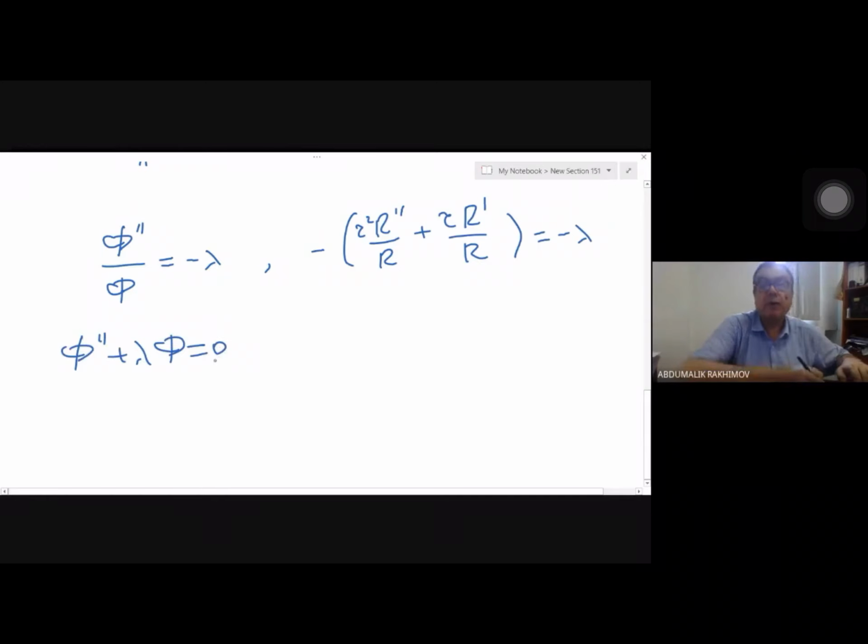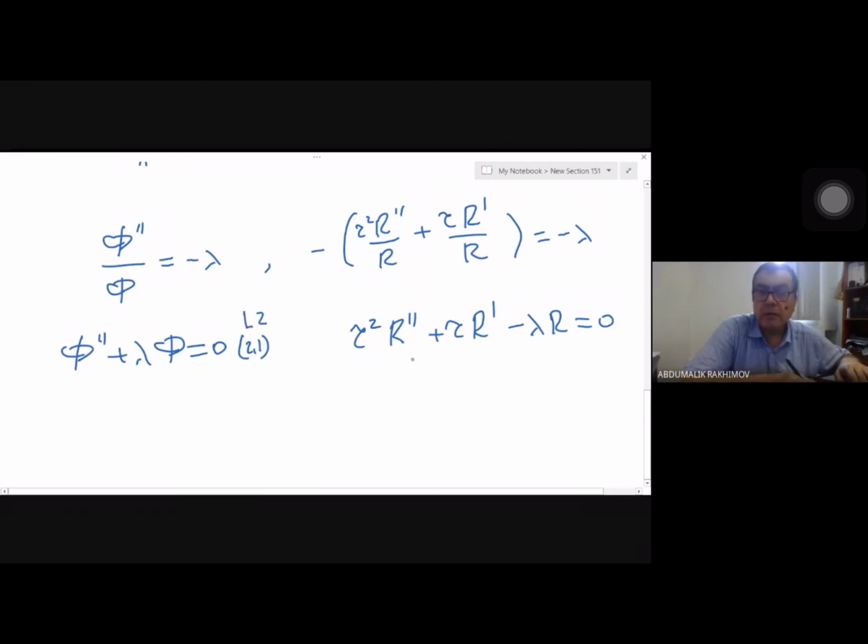This is equation 2.1, lecture number 2. Whatever this minus will be plus, you can write the other equation as R squared R double prime plus R prime minus lambda R is equal to 0. This is equation 2.2, lecture number 2.